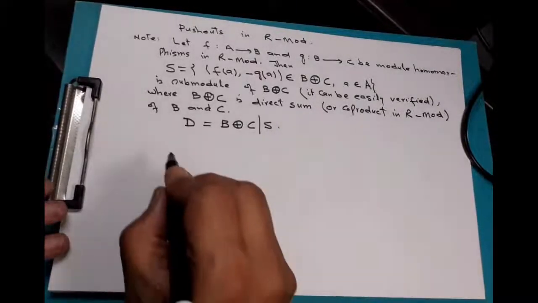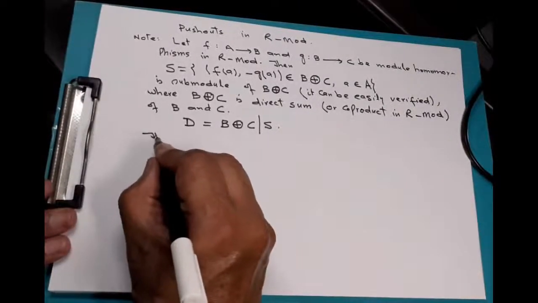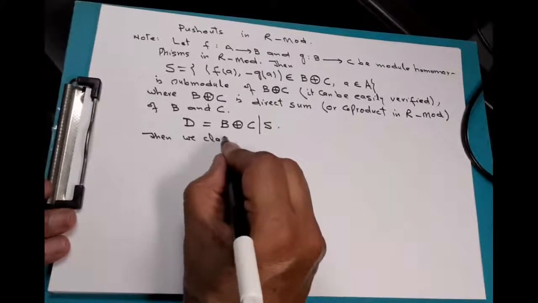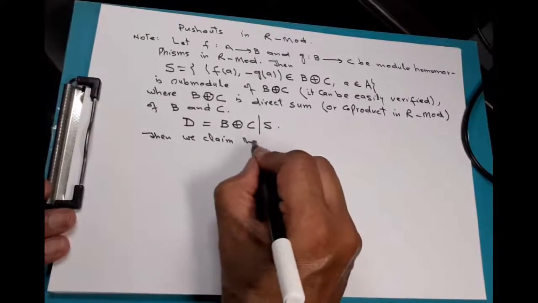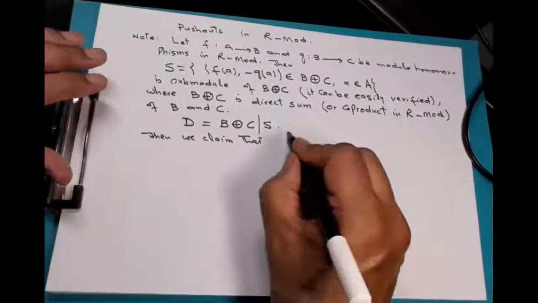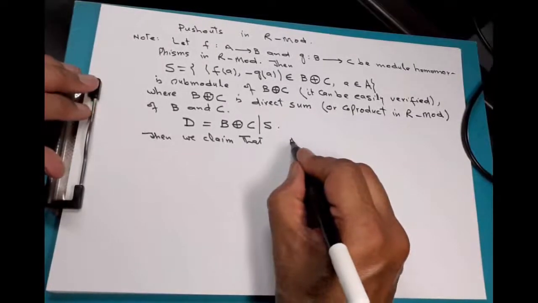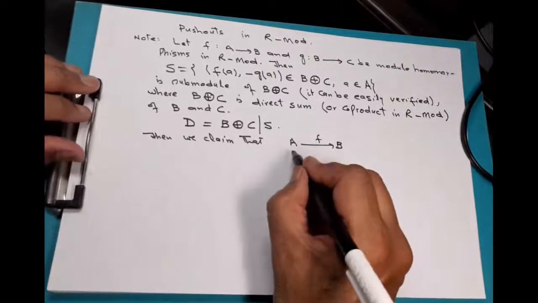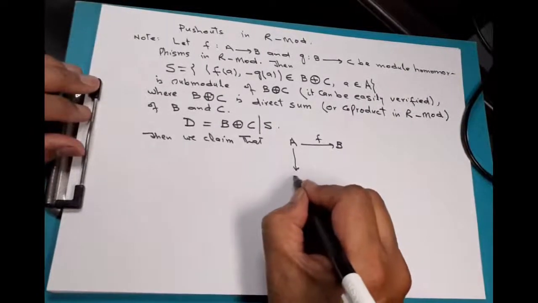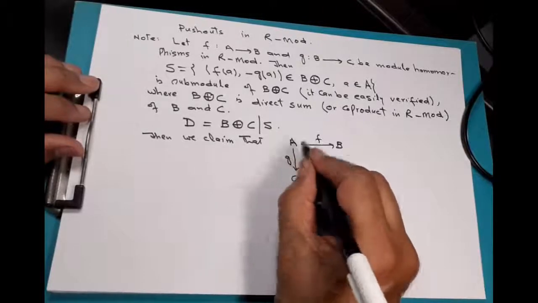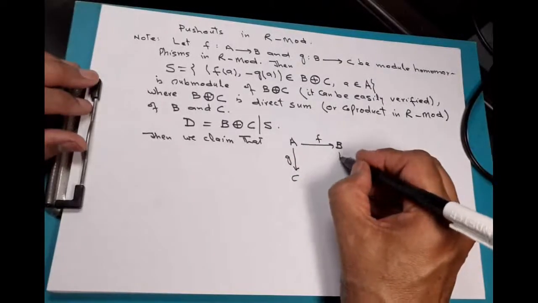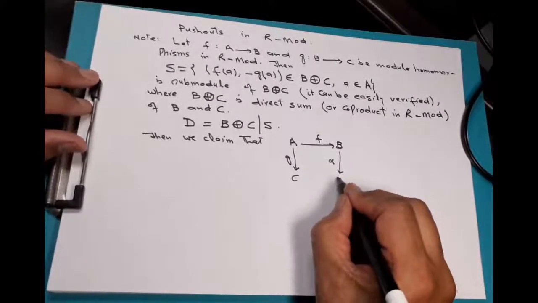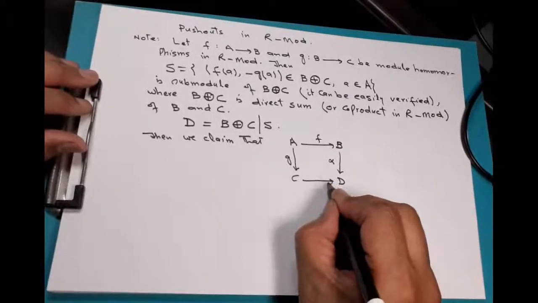Then we claim that the diagram, this diagram, this is morphism F, this is morphism G, and this is morphism alpha, and this is morphism beta.